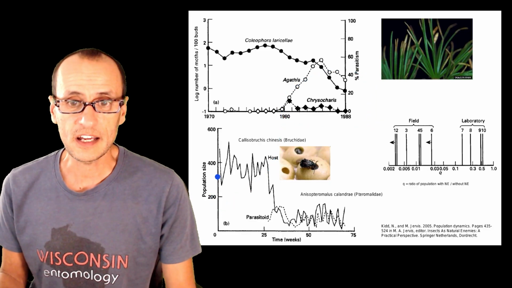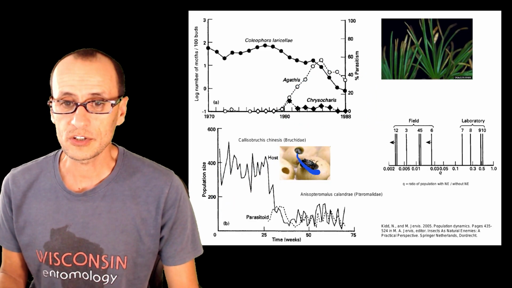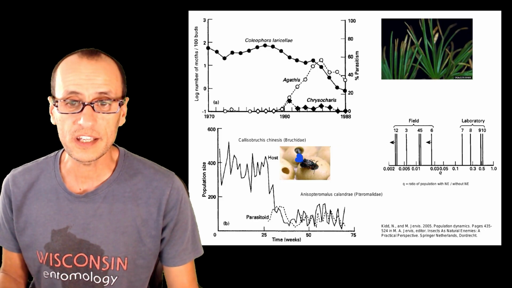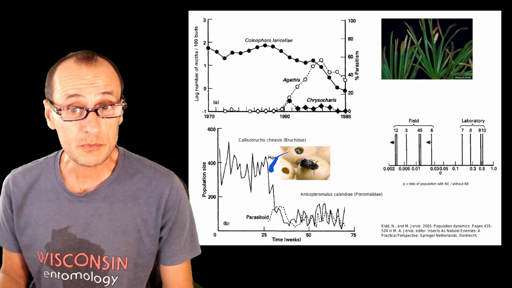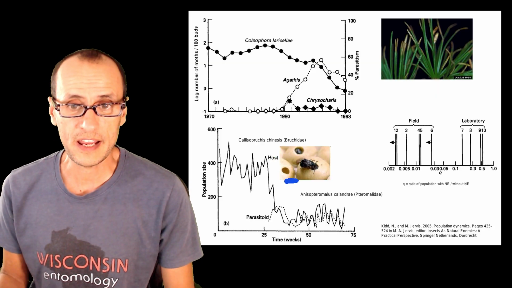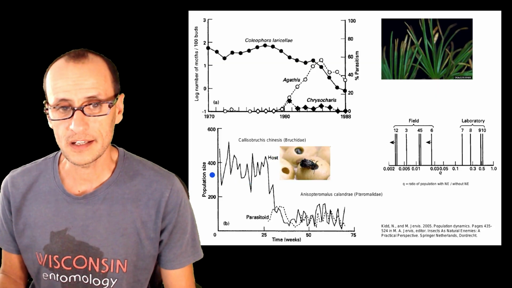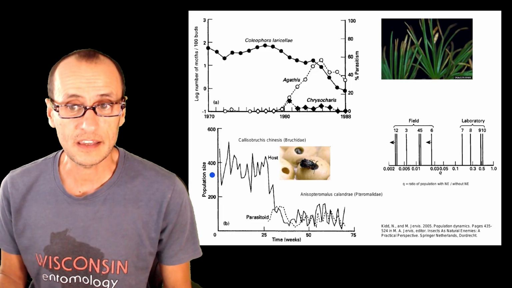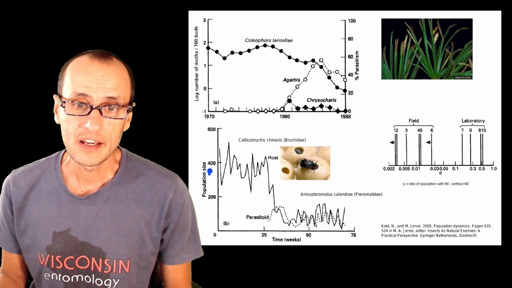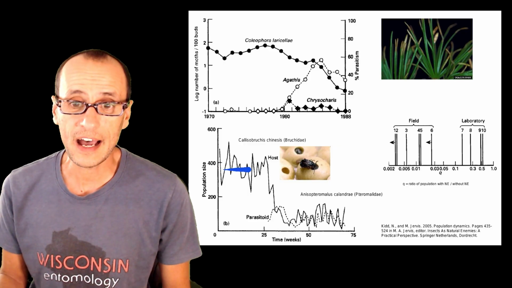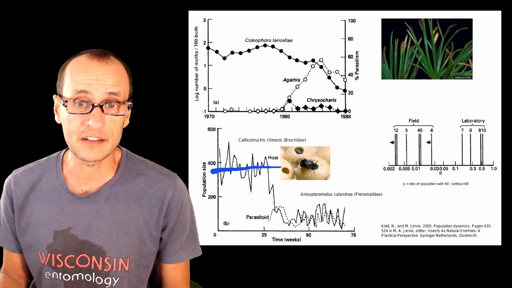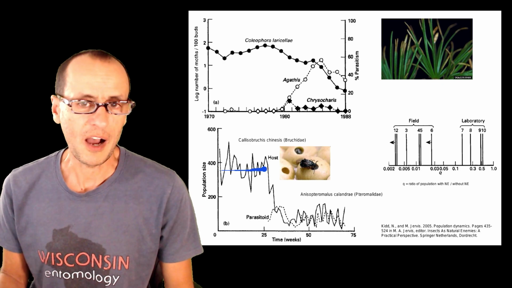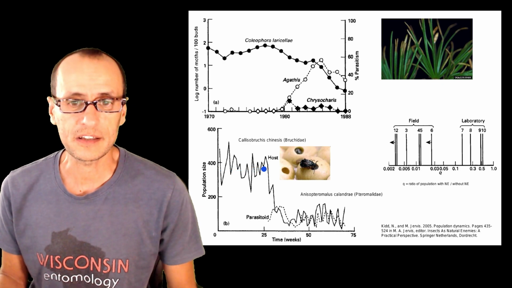Here's a classic study of this particular weevil here, a bruchid, that feeds in the seeds of legumes. Here it's a very important stored grains pest. This was actually a laboratory study that they were following, where the population size was quite high for a period of time, fluctuating around some kind of average here, a high average that was economically damaging.